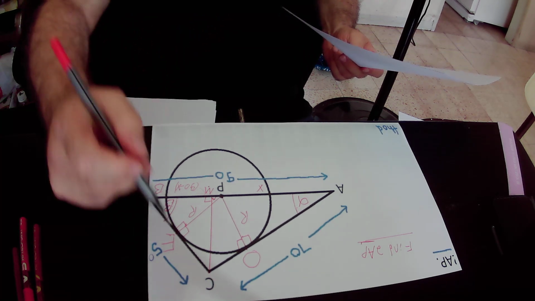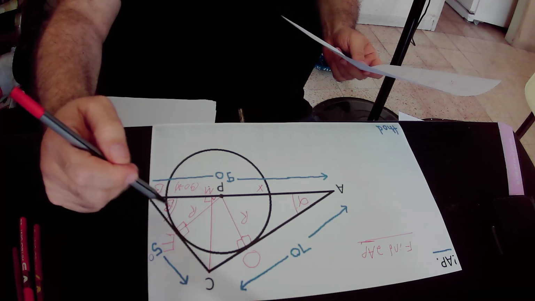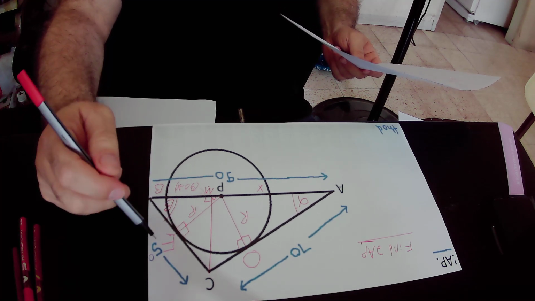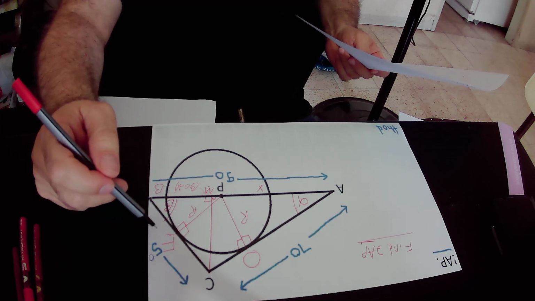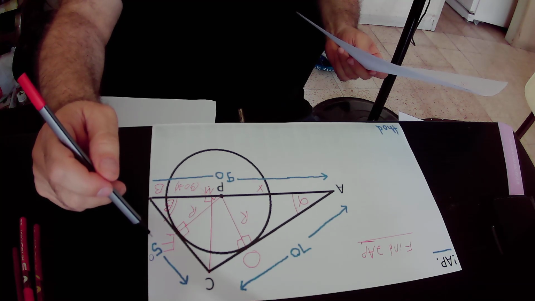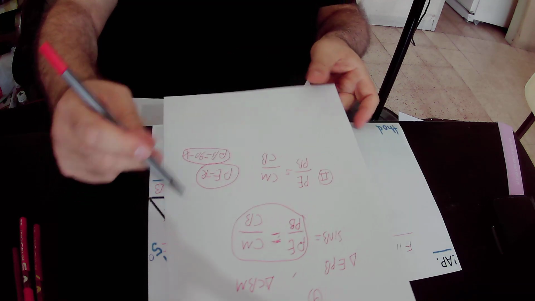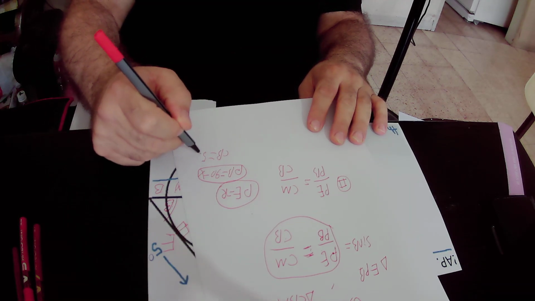And CB, side CB of triangle ABC, is given to us in the question. According to the question, CB equals to 50 units.